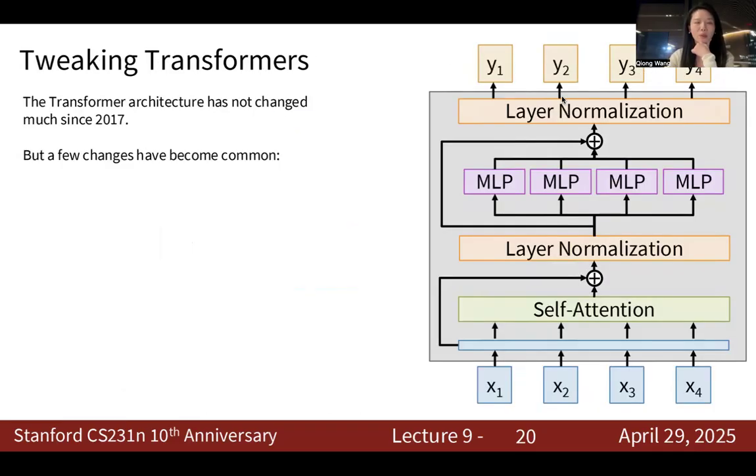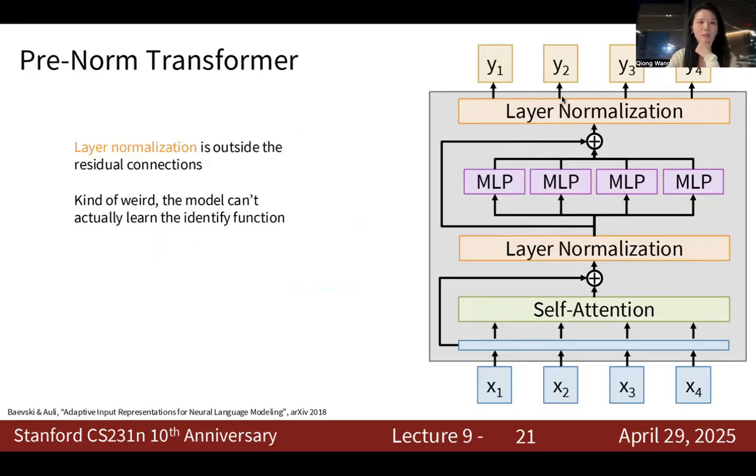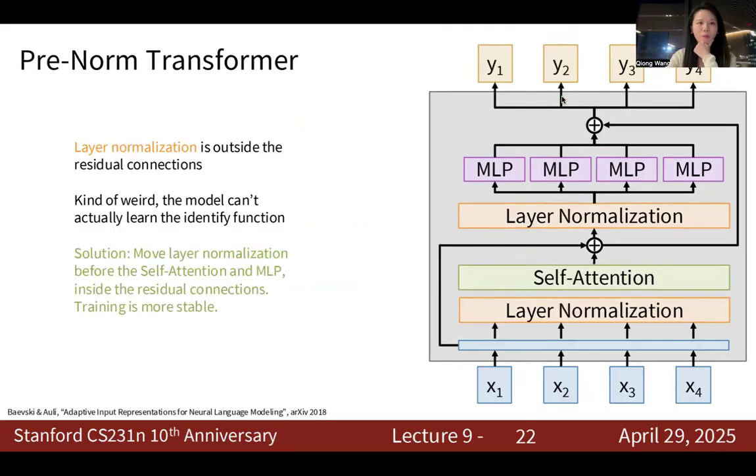And next one is the transformer tweaks. It has a little difference from the normal one. The first one is the pre-norm transformer. The original one has the layer normalization outside the residual connections, but the model cannot actually learn the identity function.